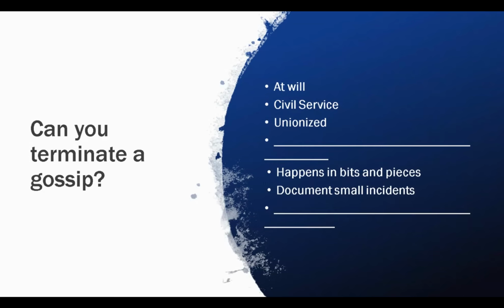So you'll need to document the small incidents as they happen, the result of the incident, and each conversation you've had with the employee about the behavior. And going through the process of progressive discipline will cover you whether you're an at-will employer, unionized, or civil service.